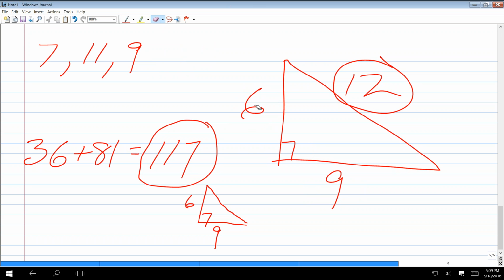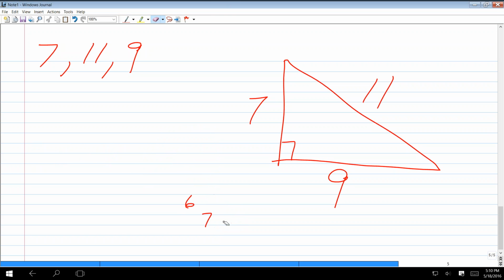Okay, so we're going to assume that it's right and then see how it varies from being a right. Okay, so how would I do this? You multiply 7 times 7 plus 9 times 9, and then make it equal to 11 times 11.